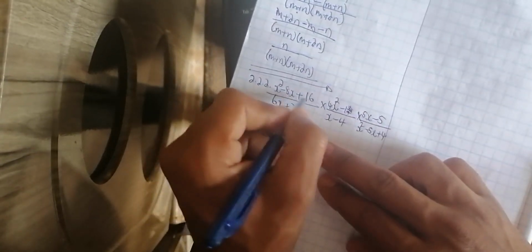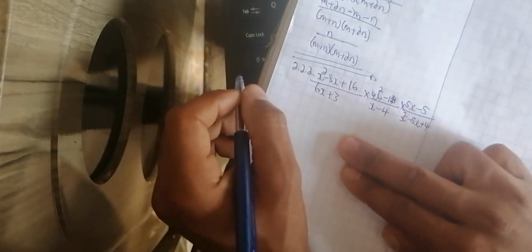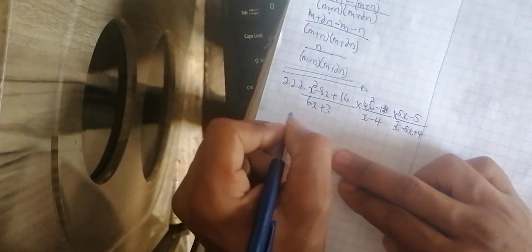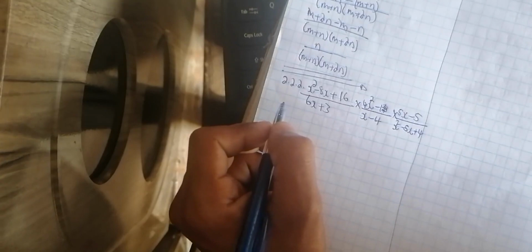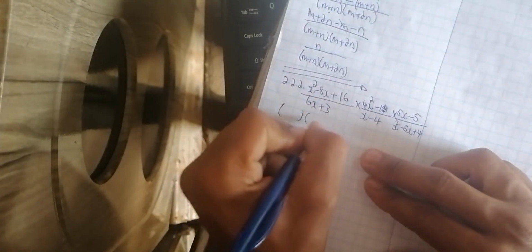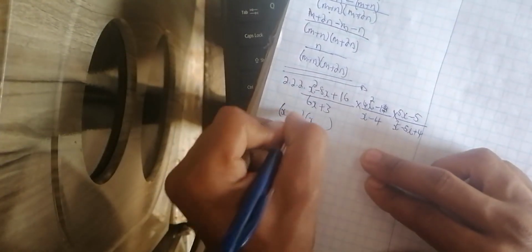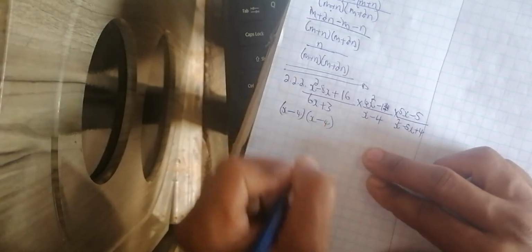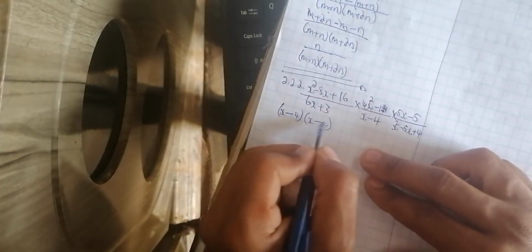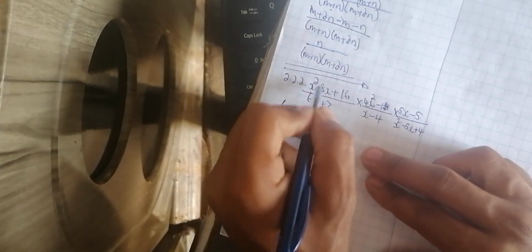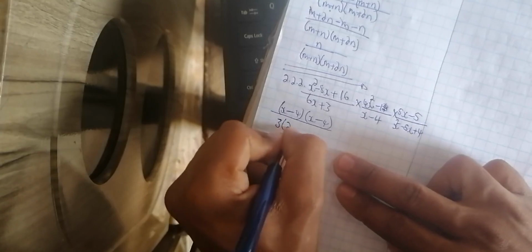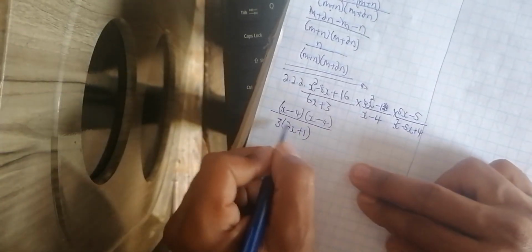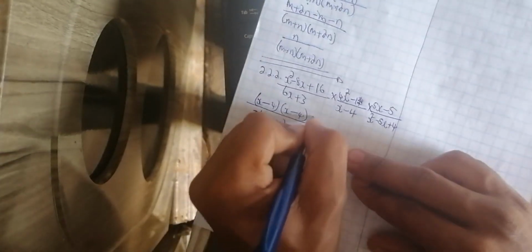I think I can factorize this. Factorizing that would give me the following. The factors of 16 that can give me 8, 4 and 4. X, 4 and 4, and they must both be negative. Minus 4 times minus 4 is 16, minus 4 minus 4 is minus 8. Good. There's a common factor of 3 there. 2x plus 1. 6x plus 3 times.